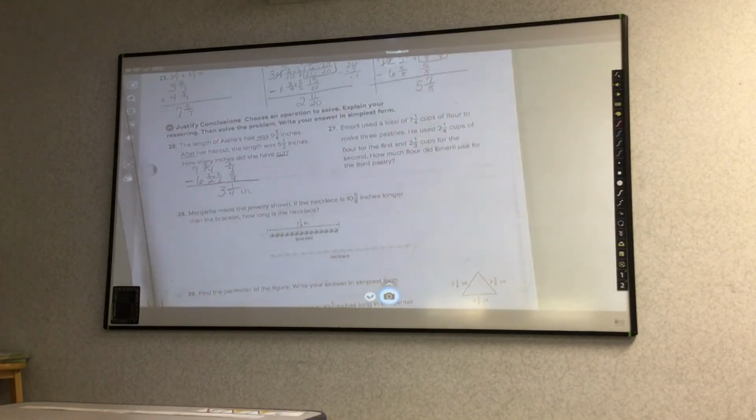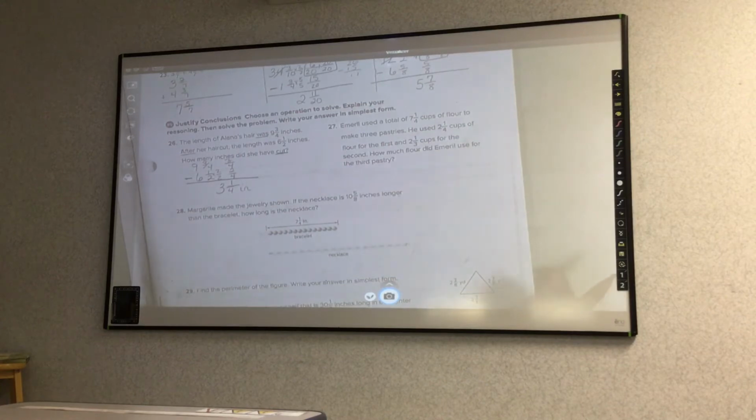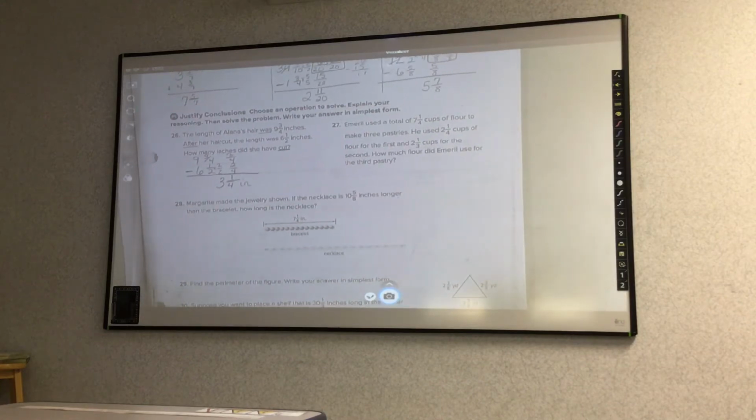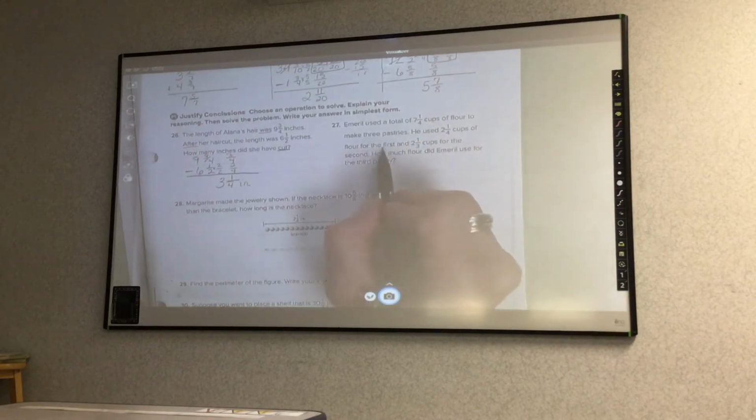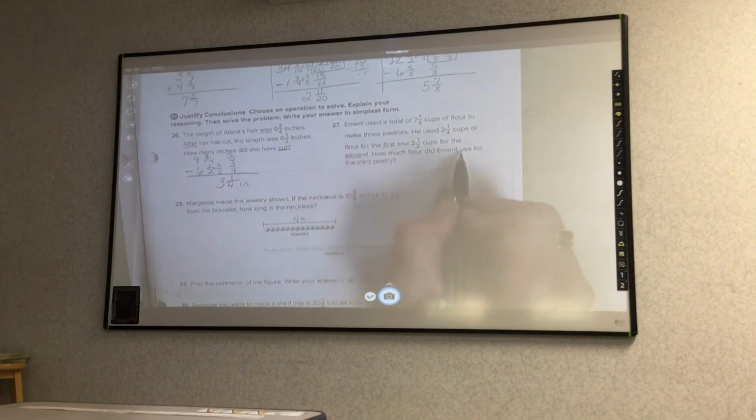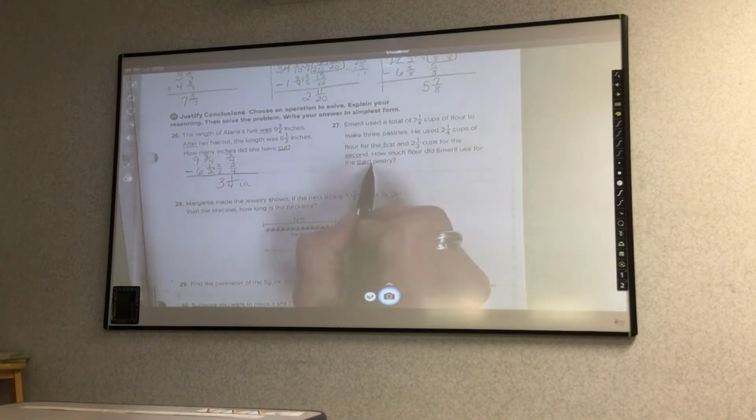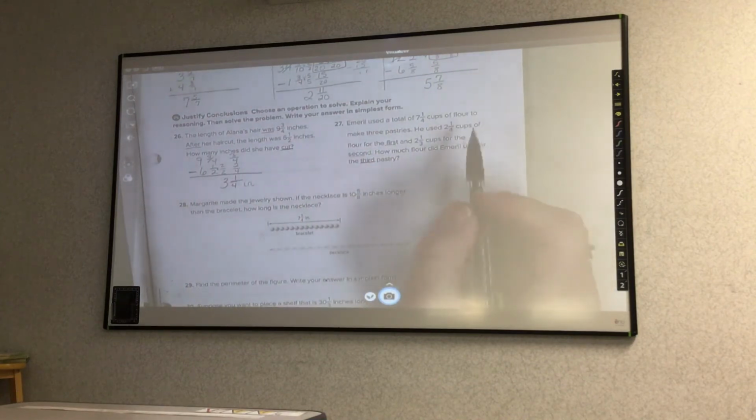Emerald used a total of 7 and 1/4 cups of flour to make 3 pastries. He used 2 and 1/4 cups of flour for the first and 2 and 1/3 cups for the second. How much flour did he use for the third pastry? So let's draw a picture to get this started first.